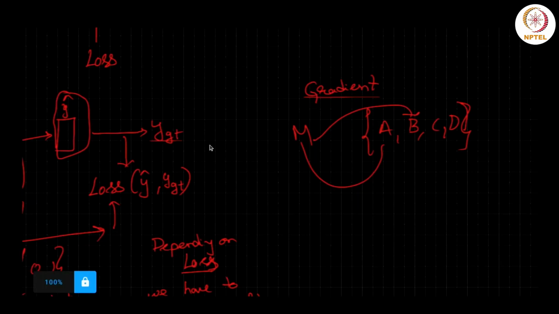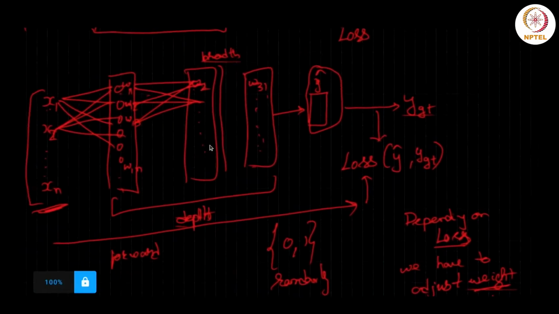Right? So one criteria that you could use is how much did student A contribute to this project? How much did student B contribute? How much did C contribute? And similarly, how much did D contribute? So we apply the same analogy to the training of these networks as well.